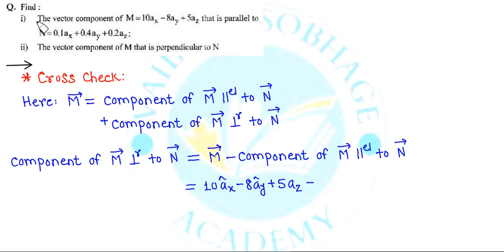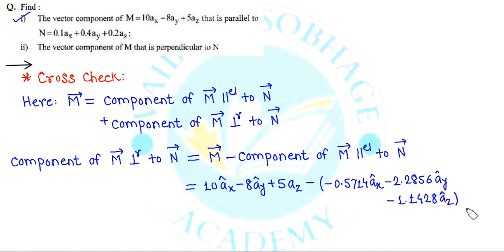That was the very first part of your numerical that we found, and we already have that value, which is minus 0.5714 ax cap, then minus 2.2856 ay, minus 1.1428 az. This is just for your cross-checking purpose.